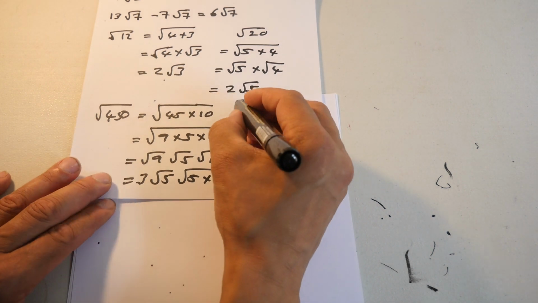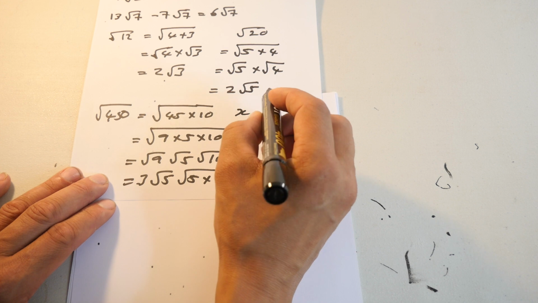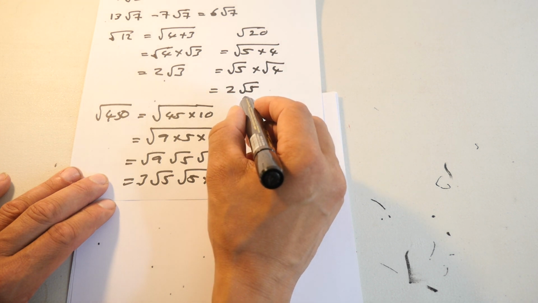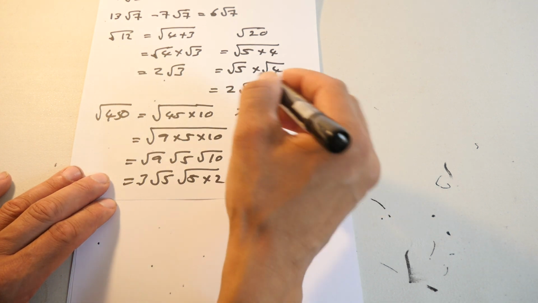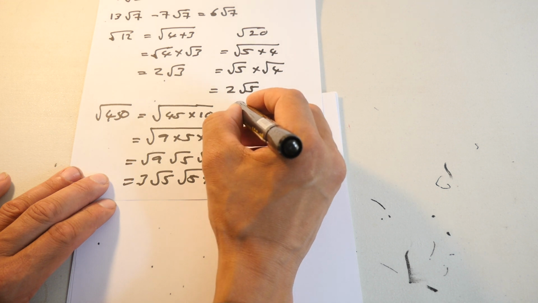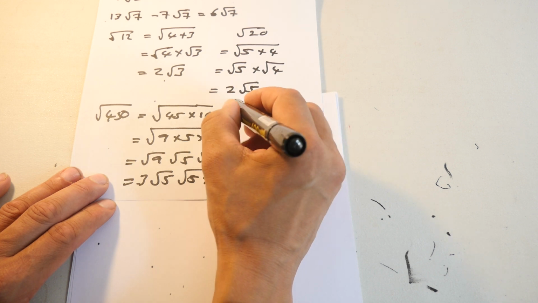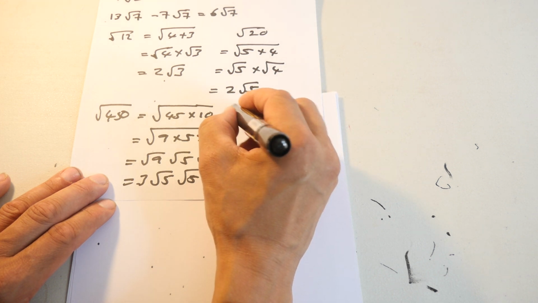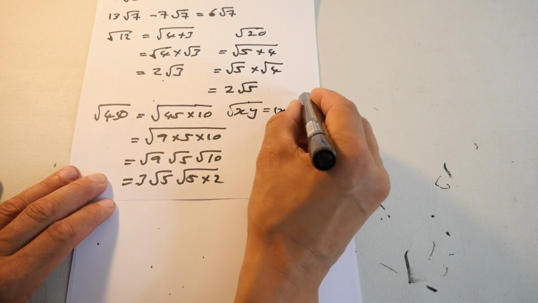Just to elaborate, the indices rule for that is: the square root of x times y equals xy to the power of a half.